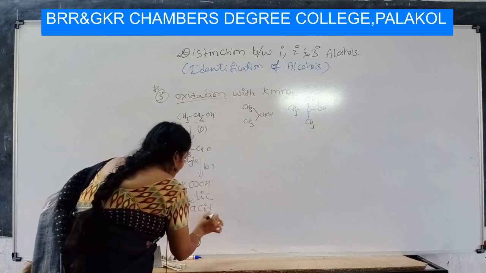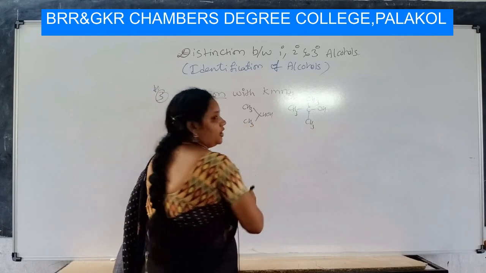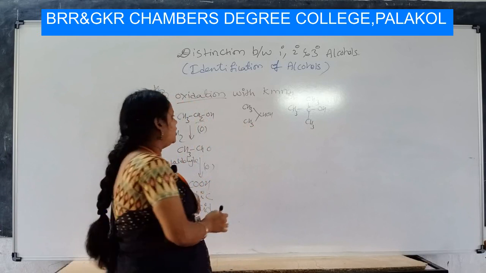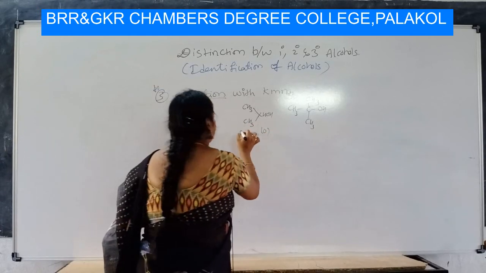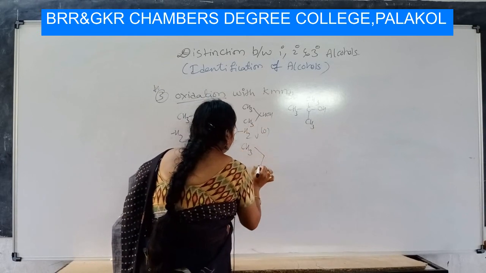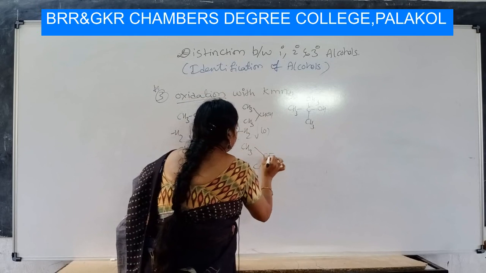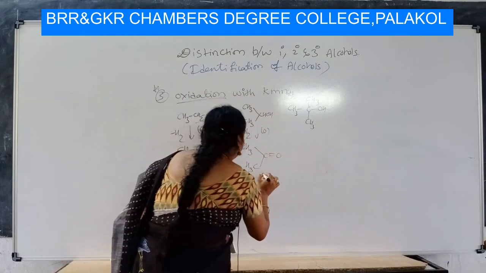acetic acid. If you take secondary alcohol, isopropyl alcohol, it undergoes oxidation, hydrogens are removed again, and you will get ketone, acetone.